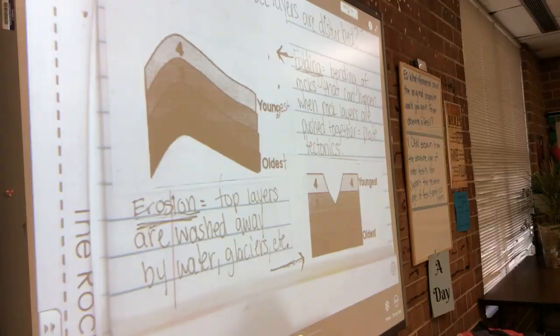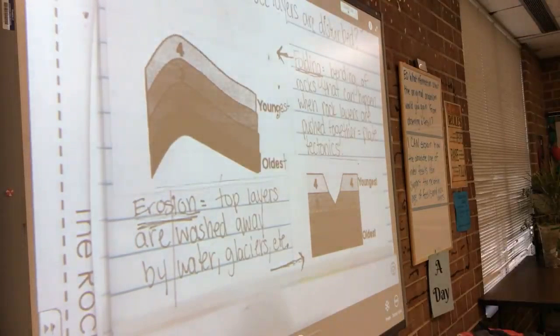You gotta know that the erosion is gonna affect the way the layers look. Layer number 1 is still the oldest. Layer number 4 is still the youngest.